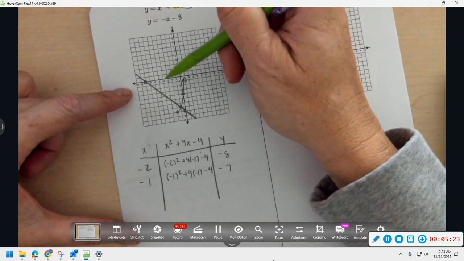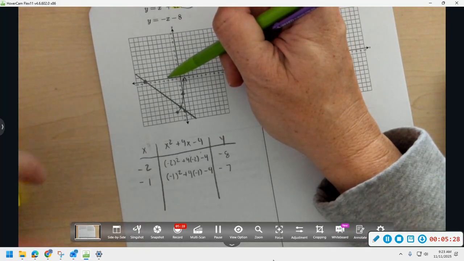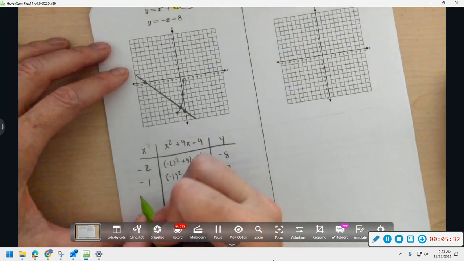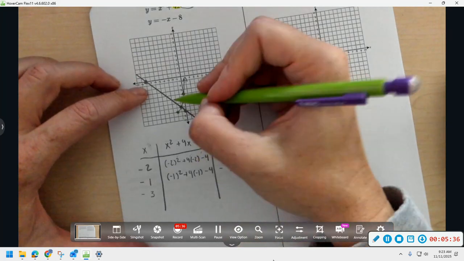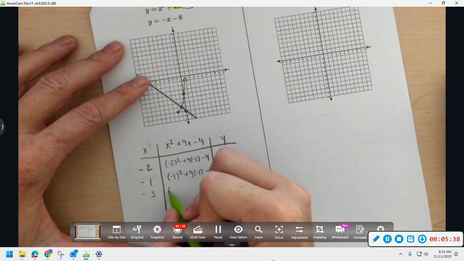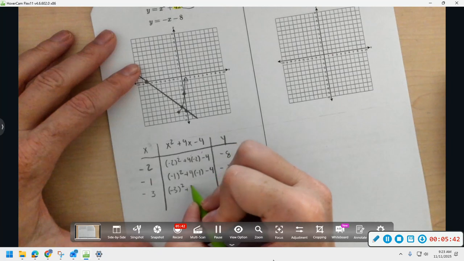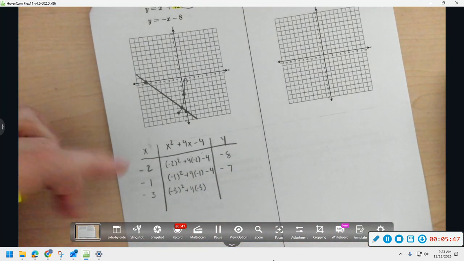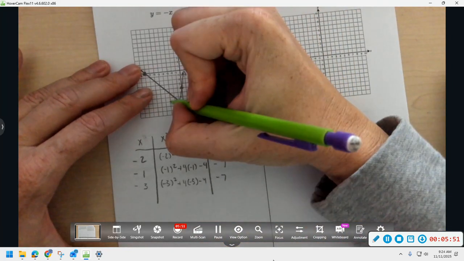If I plug in negative 3, what number do you think I'm going to get back out? If I plug in negative 3, we're going to get out negative 7. So negative 3 squared, that's 9, plus 4 times negative 3. 9 minus 12, you get negative 3. Minus 4, you get negative 7.